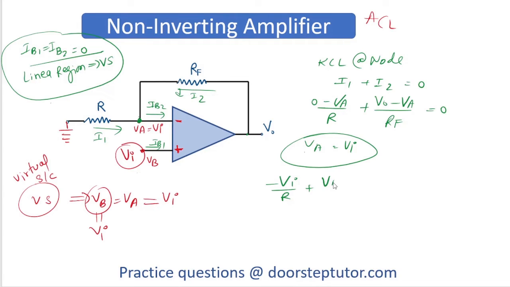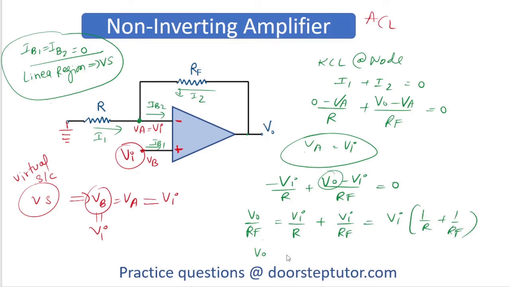V0 upon RF will become Vi upon R plus Vi upon RF. Taking Vi as common, it becomes Vi times 1 upon R plus 1 upon RF, which equals V0 upon RF. From here we get V0 as RF into RF plus R divided by R into RF.